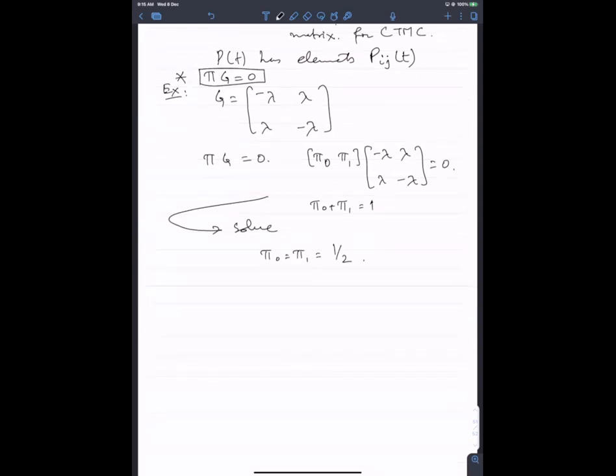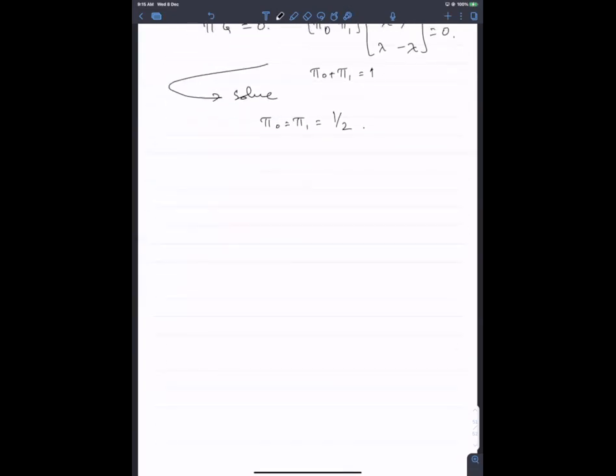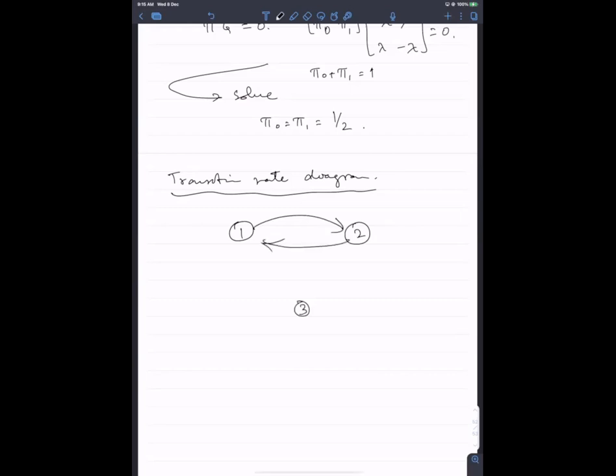Sometimes we use the probability transition matrix, and sometimes we use G. Sometimes we use G to show what we call a transition rate diagram. These are equivalent diagrams. So हमने probability transition diagrams तो देखी हुई हैं, वो इस तरह की होती हैं आपके पास state 1, state 2, state 3, and there is some flow between them, ठीक है.